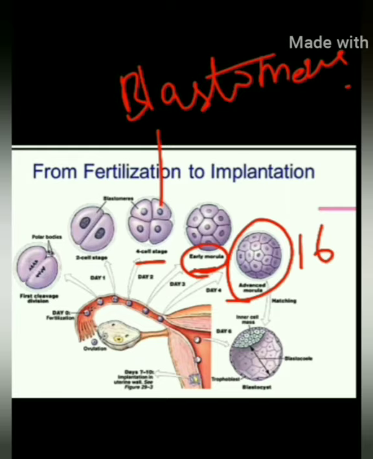Now further division takes place, and ultimately they make the 32 cell stage. These blastomeres arrange themselves in an outer and inner layer form, and ultimately make the next structure after the morula, that is the blastocyst.